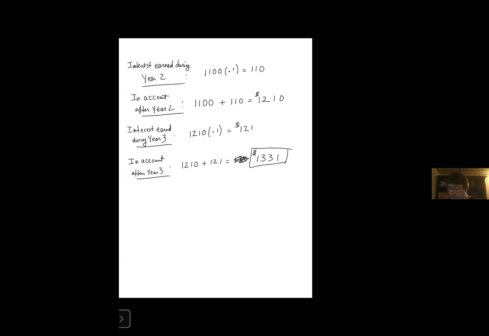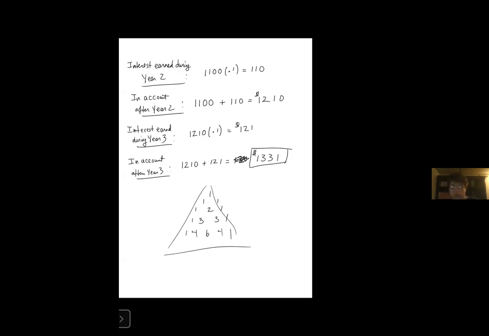Before looking at another example, we've seen some of these numbers before. We've seen 1331 before in this class. We've seen that 121 before.